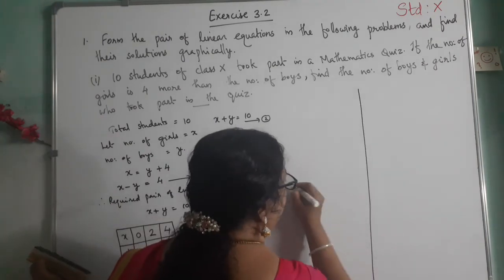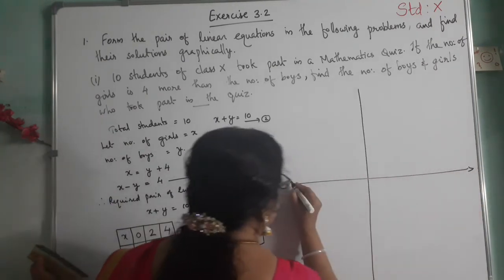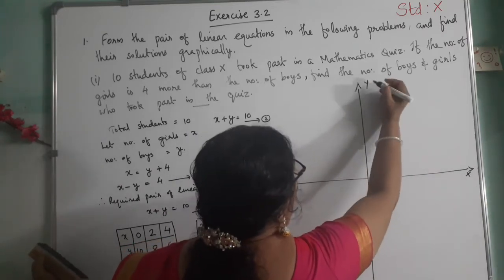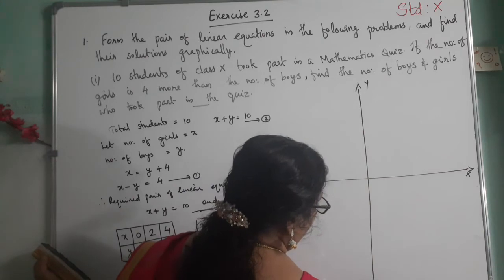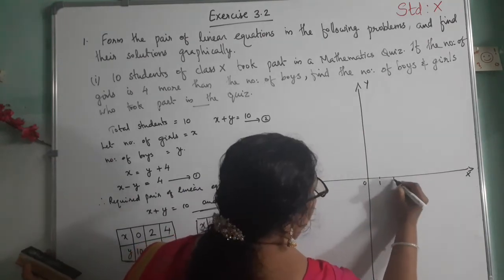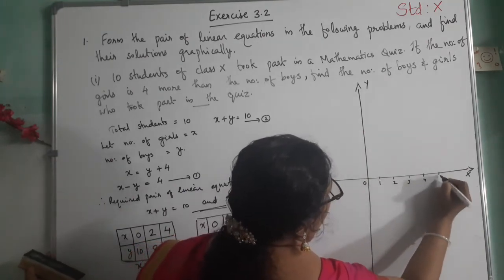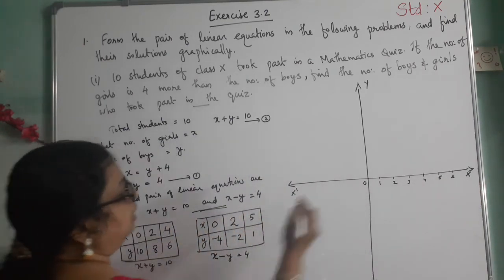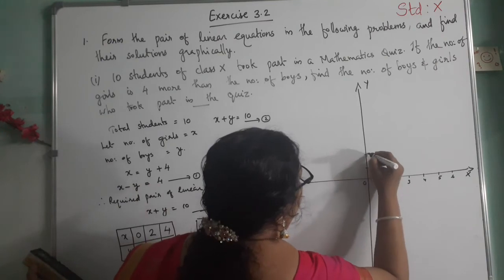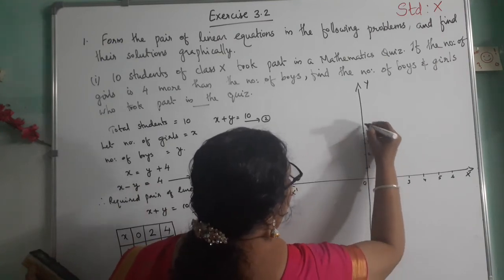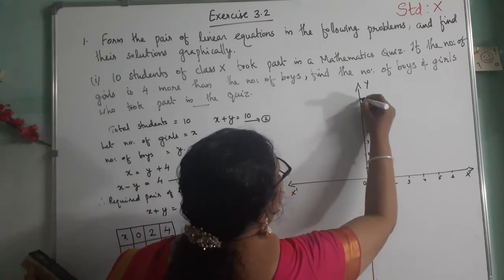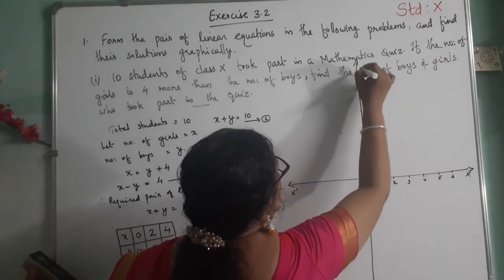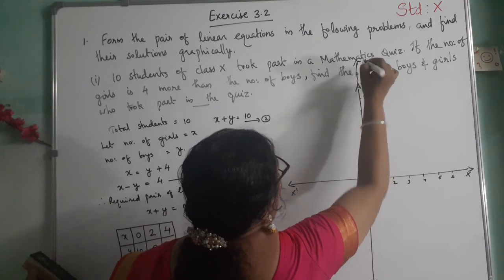Then we can draw the graph. Here x, here x dash, and here y dash. Here 0, 1, 2, 3, 4, 5, 6. Then y values up to 10 here: 1, 2, 3, 4, 5, 6, 7, 8, then 9, and here 10 we get.